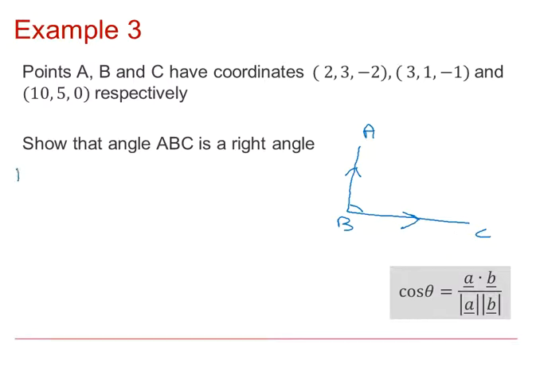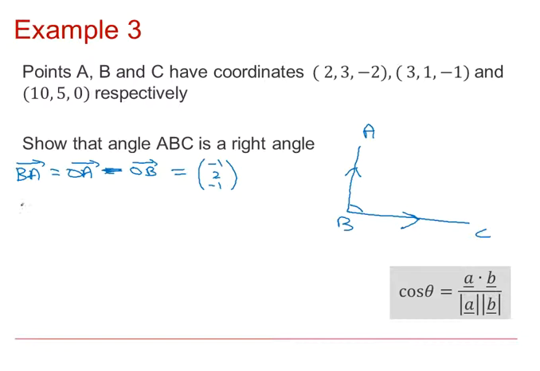The vector from B to A is OA take away OB, so that is (-1, 2, -1).